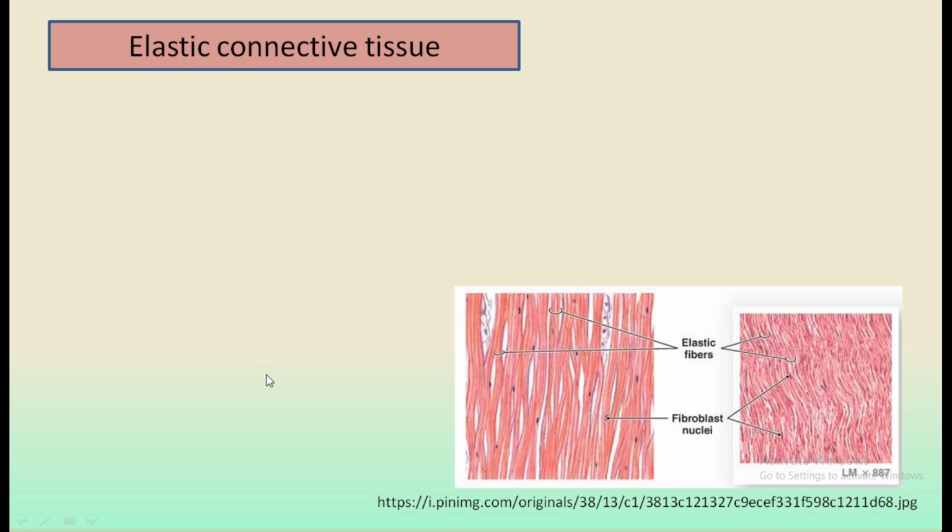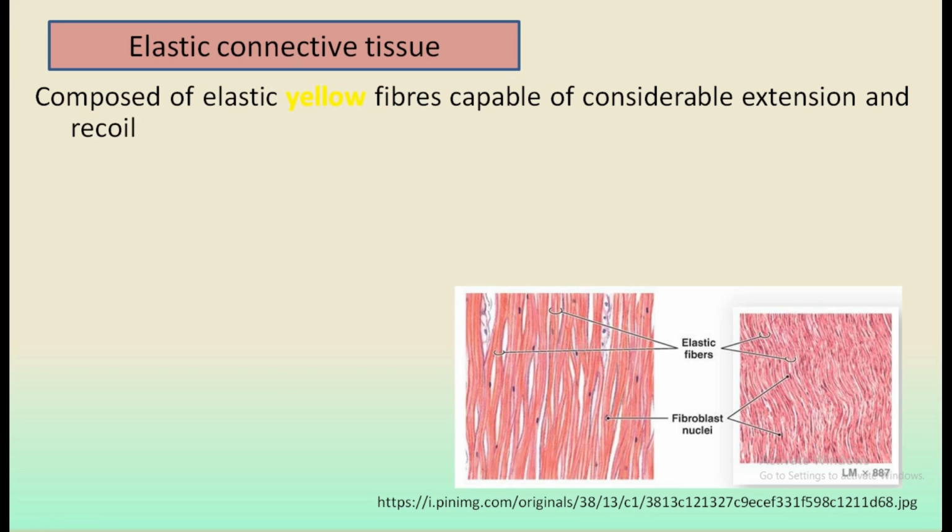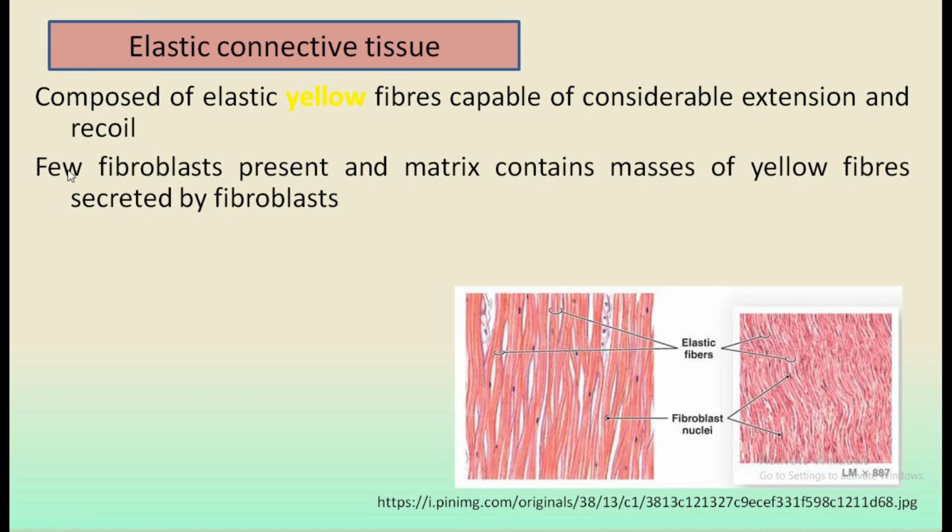Let us now discuss the elastic connective tissue. The elastic connective tissue is composed of elastic fibers, which are also called yellow fibers, and these fibers have considerable extension and recoil capacity. Few fibroblasts are present, and the matrix contains a mass of yellow fibers which are secreted by the fibroblasts.